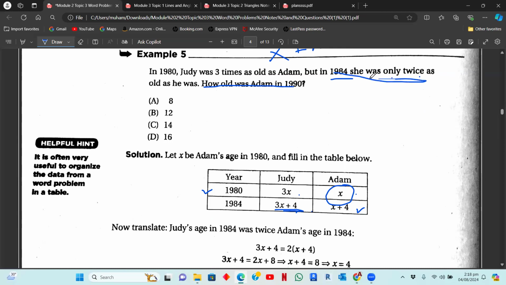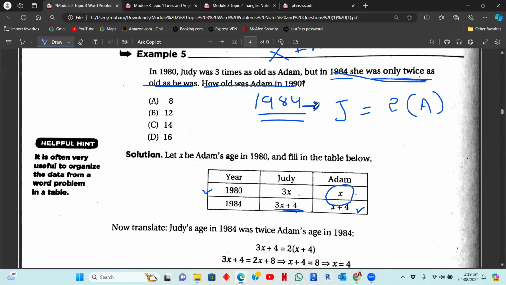This data over here: she was twice as old as Adam was in 1984. So we're looking at the data of 1984 and the information that Judy was only twice as old as he was. So Adam's age multiplied by 2 is going to give you Judy's age in 1984.